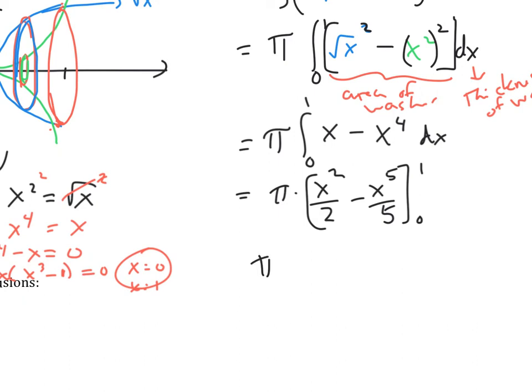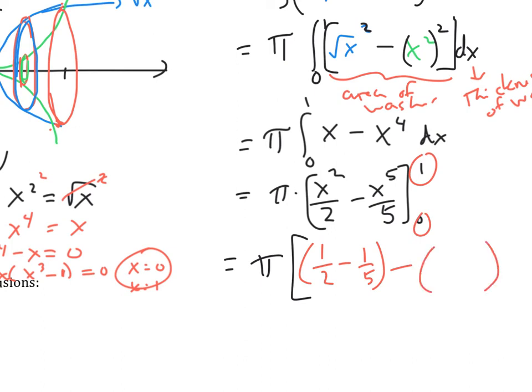So I've got pi times, don't forget about that pi, big brackets, and I'm going to note that first I'm plugging in the 1 for a limit of integration. So plugging in the 1, I'm going to have 1 squared over 2 minus 1 to the 5th over 5, minus, plug in the 0. So I've got 0 squared over, and that ends up just being 0. We've seen that a few times.